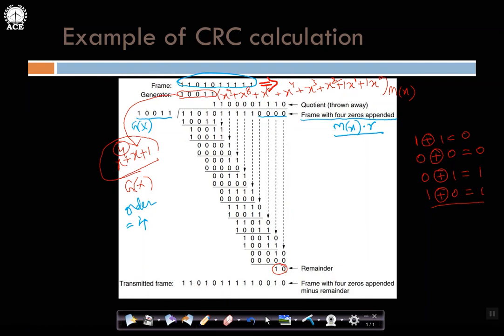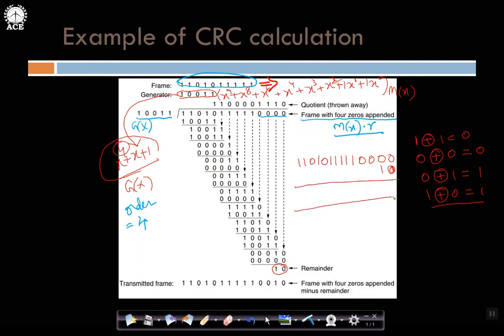So what happened? This remainder now will be added to the original message. Let me do it here for you. I have 1 1 0 1 0, then 1 2 3 4 5 ones, then 0 0 0, 4 zeros. Now the remainder is added to this by exclusive OR, 1 0 exclusive OR with this.